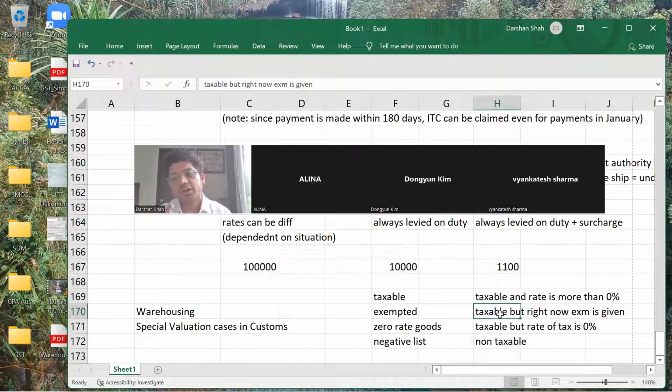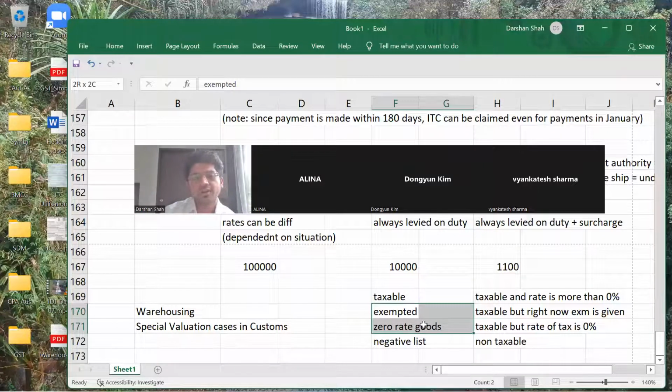Exempted goods are taxable, but right now exemption is given. Later it can be changed by the government. Zero rated goods rate can be changed by government, and exempted goods can also be taken out of the exemption list. So both can be made taxable by the government in the future.